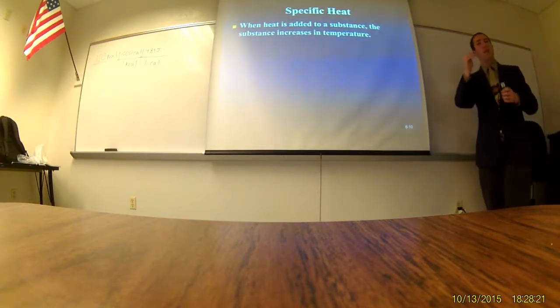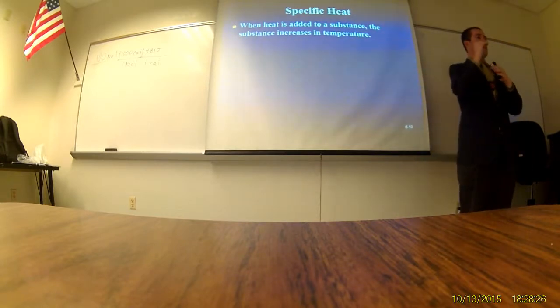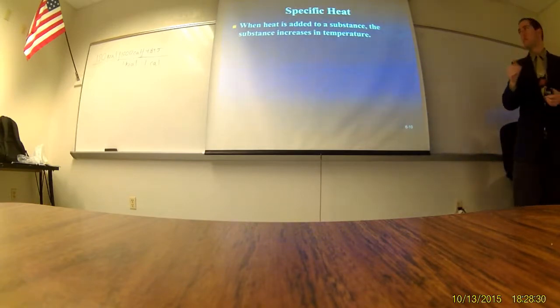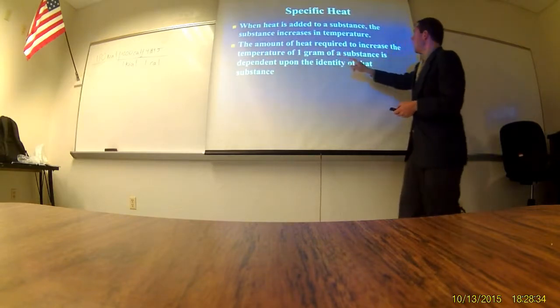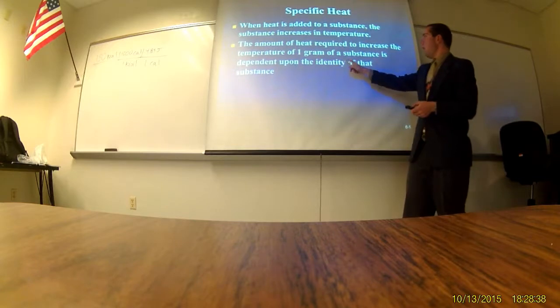What determines how large that temperature change is called the specific heat. And every material has its own specific heat. So this is the amount of heat required to increase the temperature of 1 gram 1 degree.